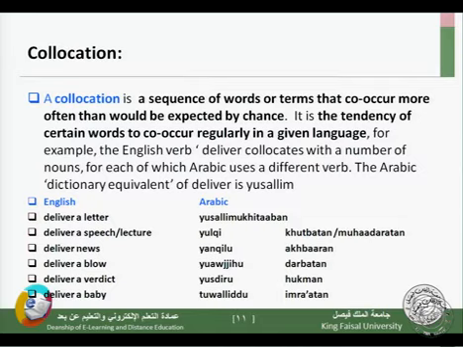So these are very good examples of collocation: a sequence of words that co-occur together more often than would be expected by chance. It's not by chance, it's fixed. You don't say deliver a boy, no. You need to think of patterns. This is what we mean by collocation.